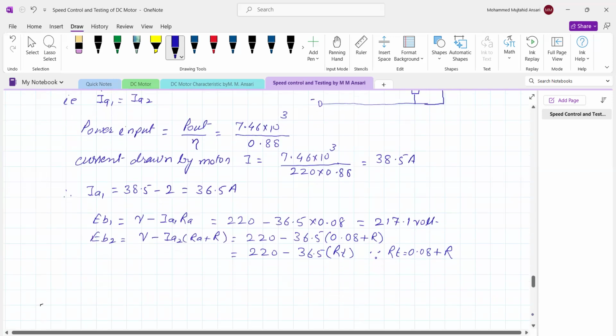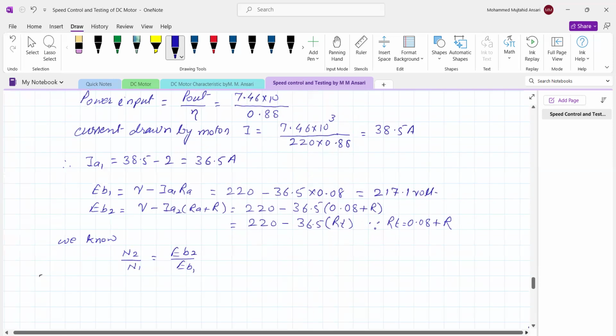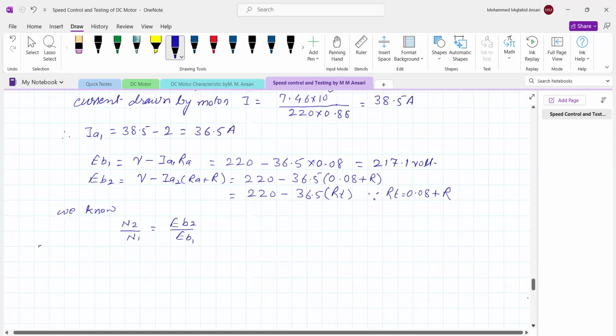Now we know the relation N2 upon N1 is equal to EB2 upon EB1.